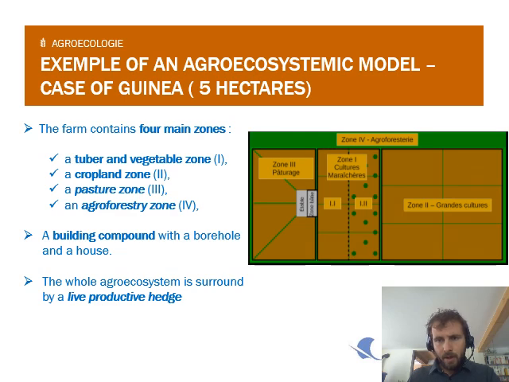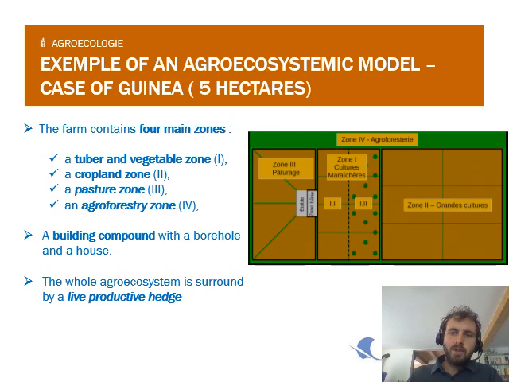So here you see the plan of the farm with the different zones. In this farm you have four main zones. You have a tuber and vegetable zone, so zone 1, that is separated in the subzone tuber and the subzone vegetable. We will talk about it in detail later.